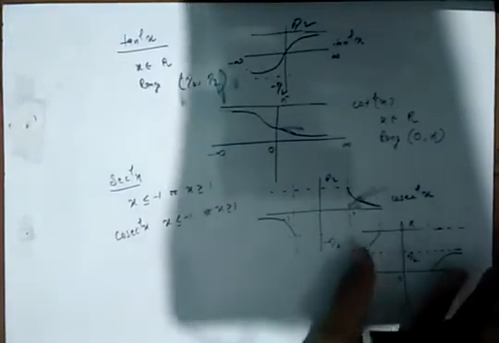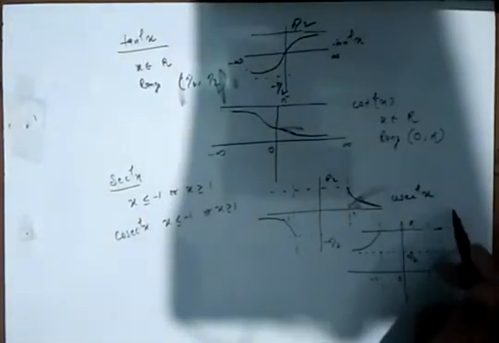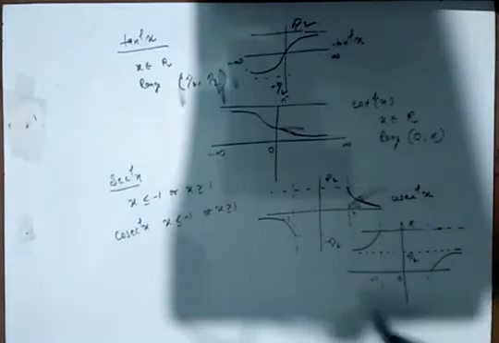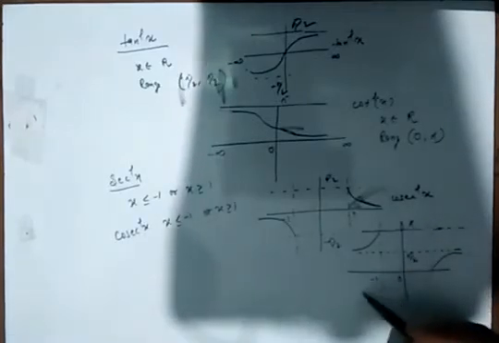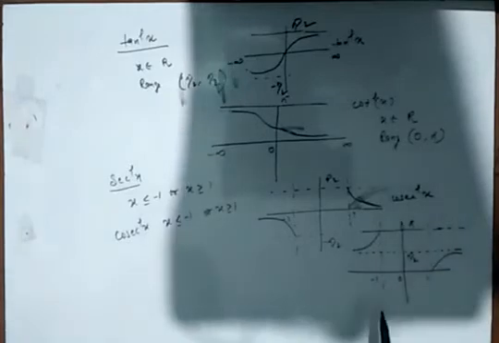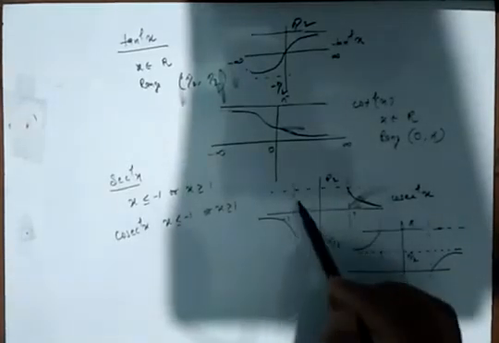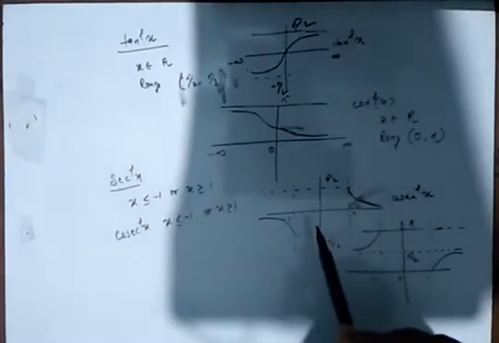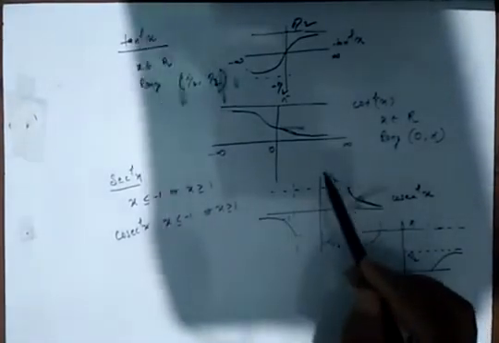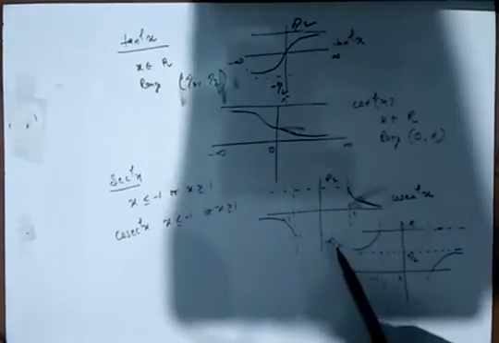This is symmetric about the line y equals x. So in this way you see the inverses of the sine, cos, sec, cosec, tan and cot functions, all of which I have discussed.